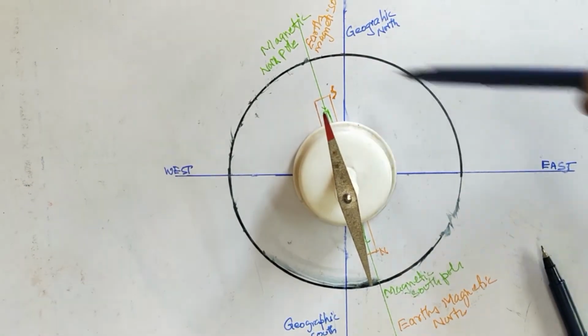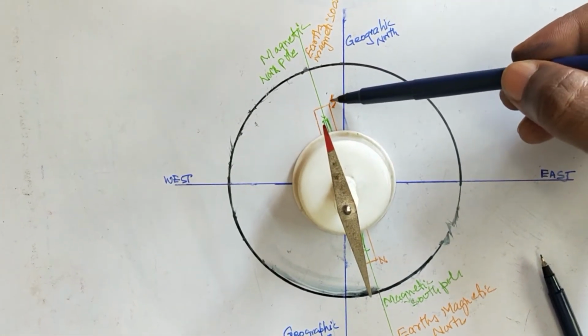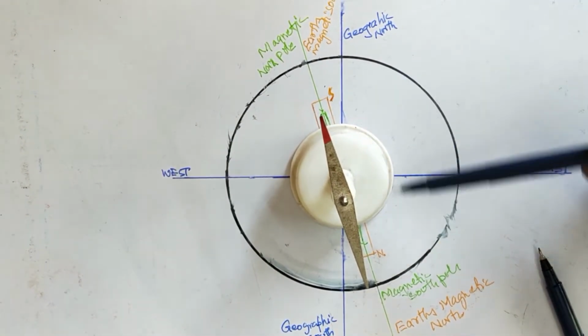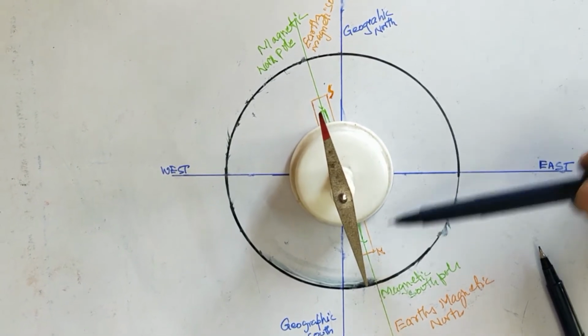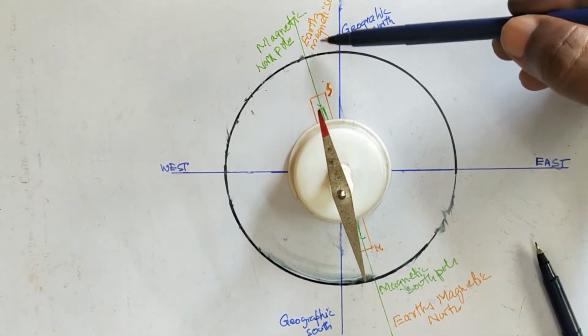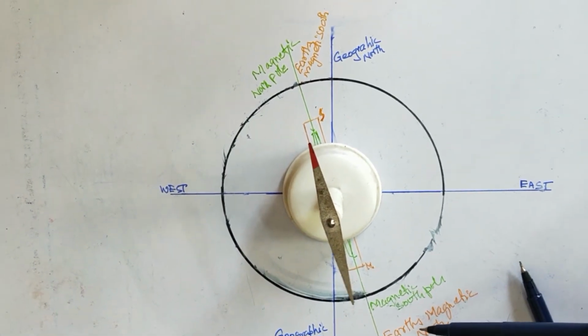If you consider earth as a magnet, then this is the south pole of the earth's magnet and this is the north pole of the earth's magnet. Therefore we can call this Earth's magnetic south and this end Earth's magnetic north.